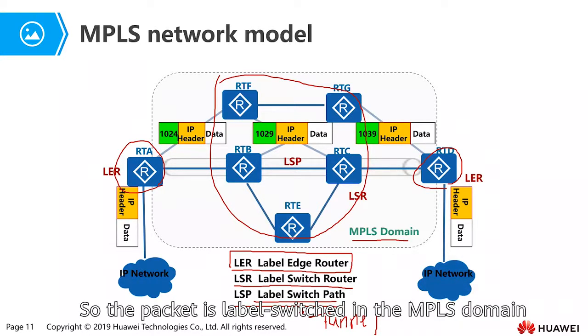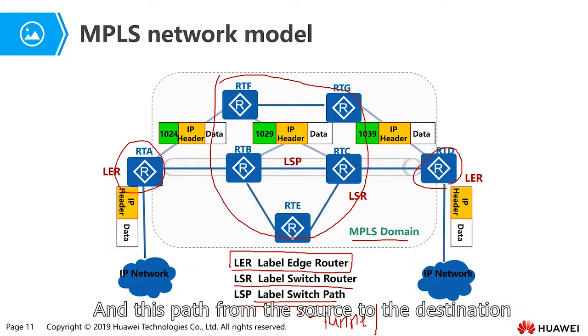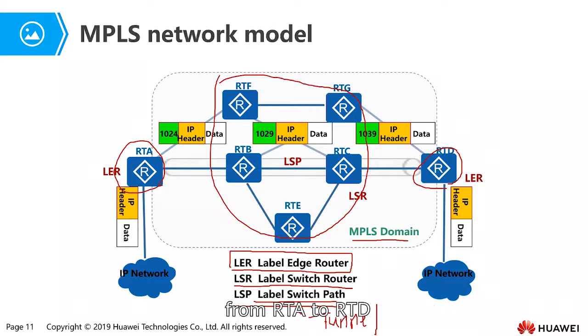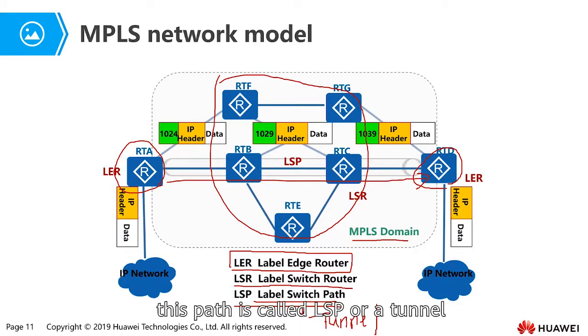So the packet is label switched in the MPLS domain. This path from the source to the destination, from router A to router D, we call it an LSP, and we can also call it a tunnel.